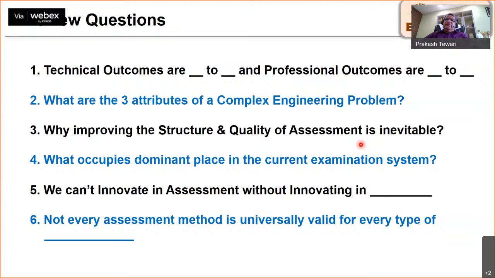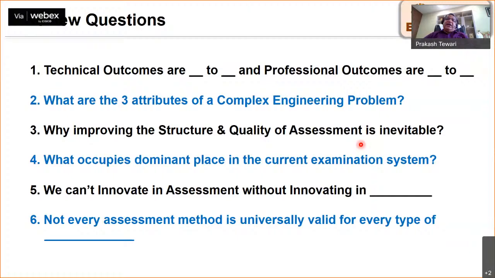Next, the fourth one: what occupies a dominant place in the current examination system? Memory. Memorization is the one.